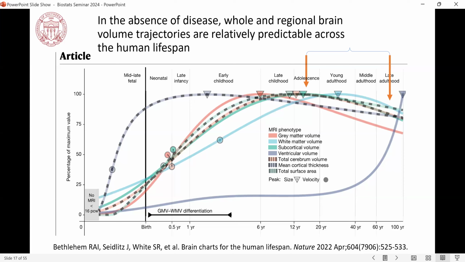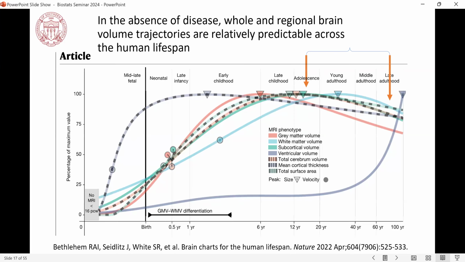How much loss corresponds to how much function loss, we don't know yet, because it's very brain-region specific. We have to look at the affected region of white matter atrophy. If it's a motor region, people are paralyzed and can't move. If it's speech, they lose speech, just like a stroke. So it's very hard to figure out. It's the million-dollar question: how much is too much, and how much affects the function?